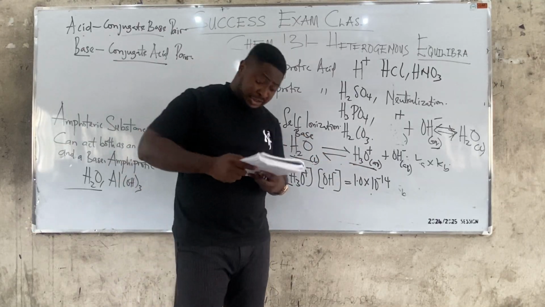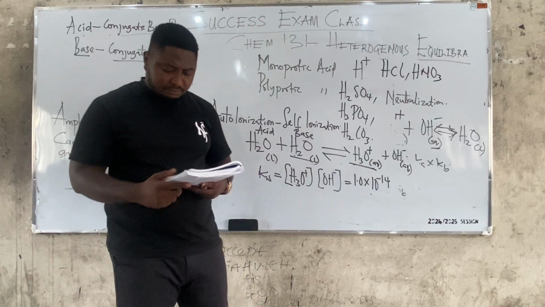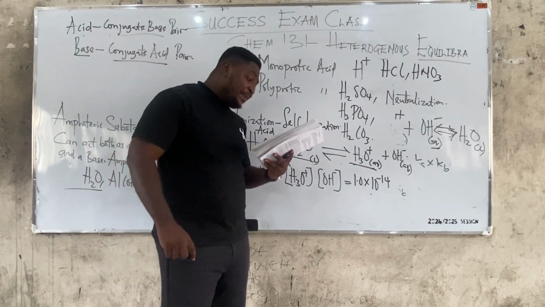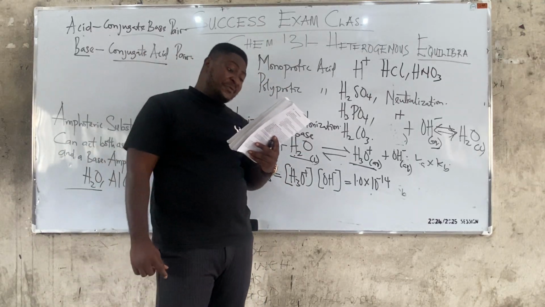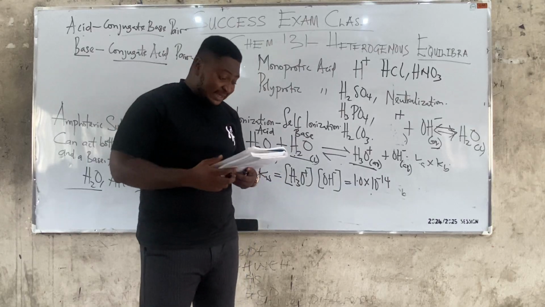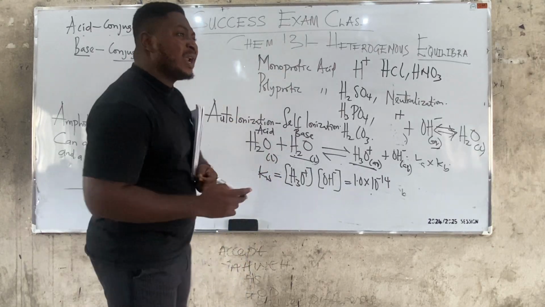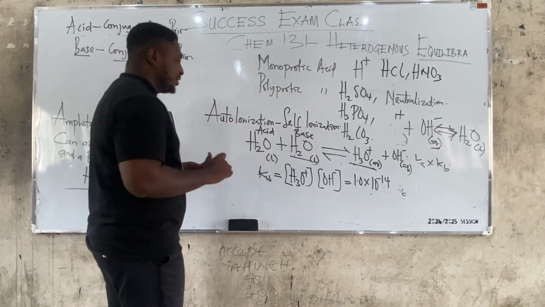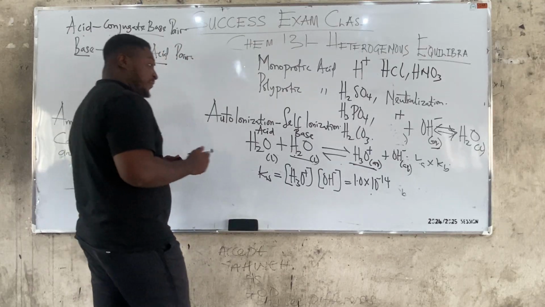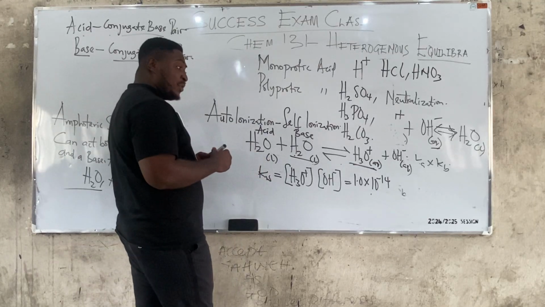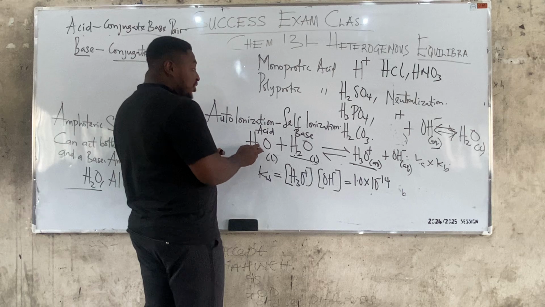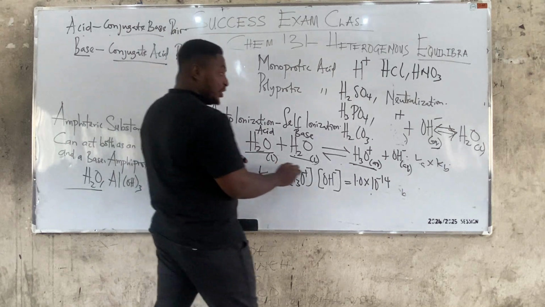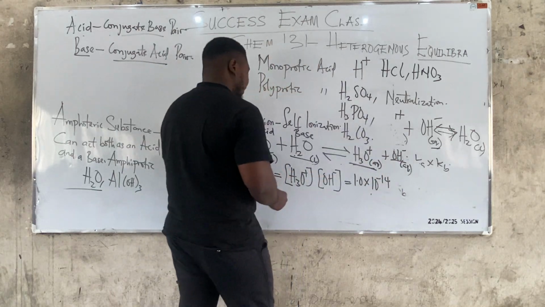Now let's define conjugate base. A conjugate base is a species formed when an acid donates a proton. The conjugate base is a species formed when an acid donates a what? Proton. So what's the conjugate base of this water that is an acid? OH minus.